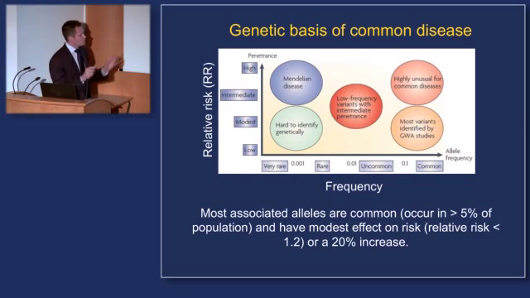All of us here will carry very many of them, but individually, they tend to have a very low influence on risk, okay? And that sets them apart from Mendelian diseases, where the mutations such as cystic fibrosis are typically very rare, but are very predictive of disease, okay?